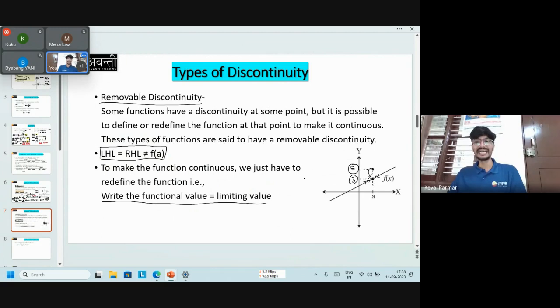I will write the functional value not as 5 but as 3. This process is known as redefining the function. You will be very clear if we see some examples. So let's see some examples.